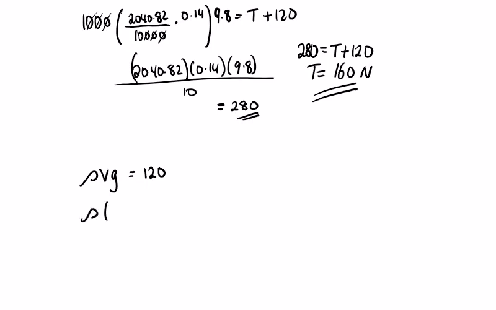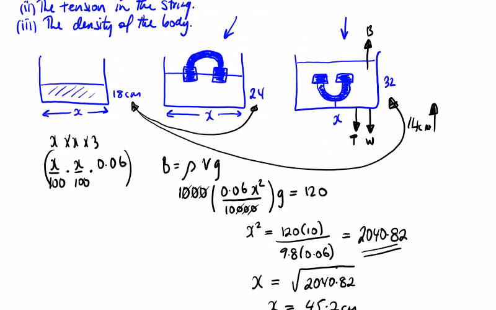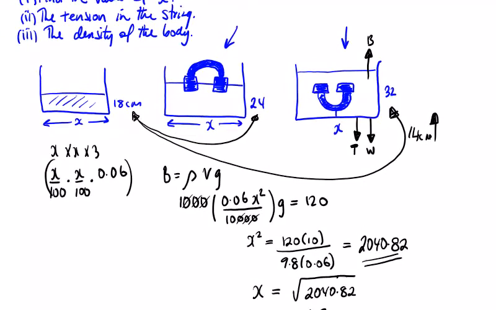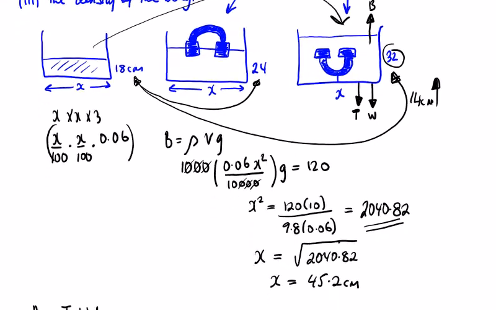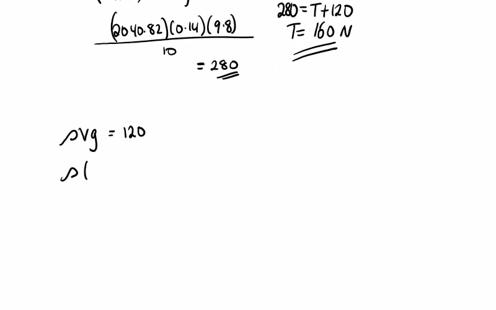So the density by the volume, which we have x, and we have how much it's risen by. Let's just double check that. How much is it risen by from beginning to end? It's gone from 18 up to 32, so it's risen by 14 when fully submerged.